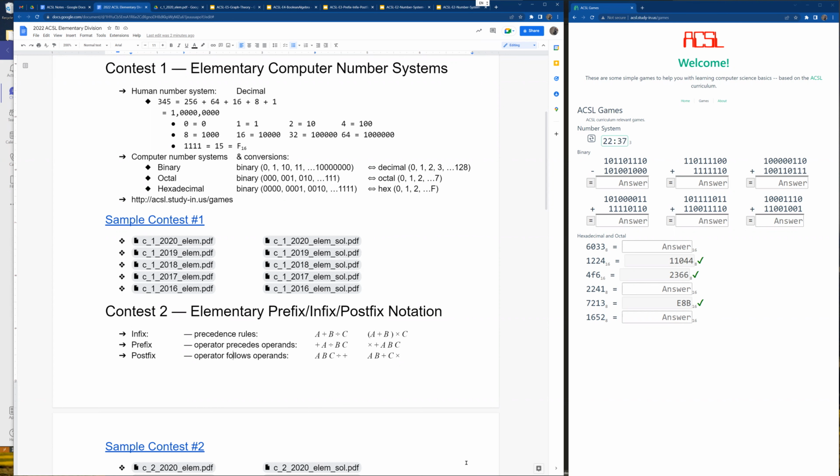For example, if you are given a postfix expression like A B plus C times, and you're asked to convert that into an infix expression, you'll see this A B plus, so you have to do that first.